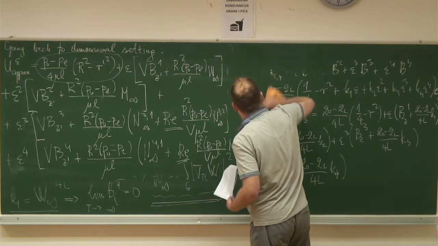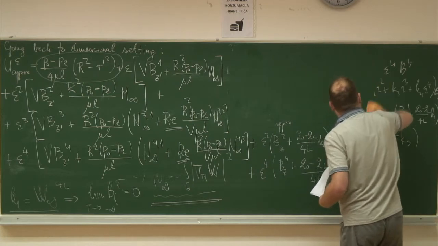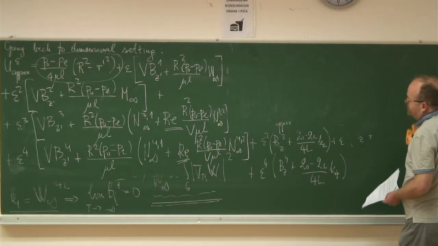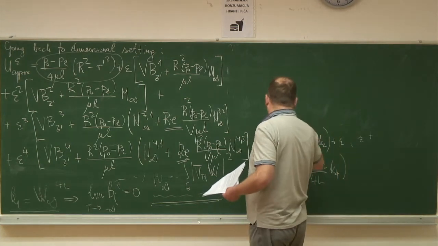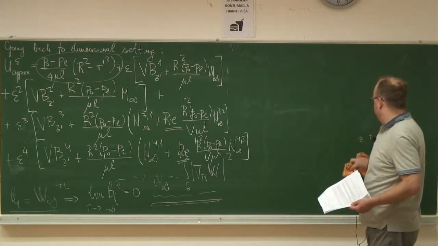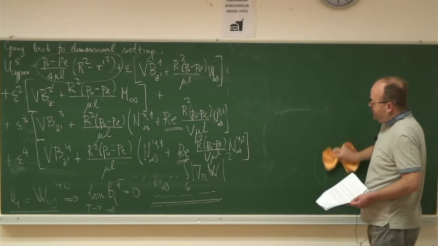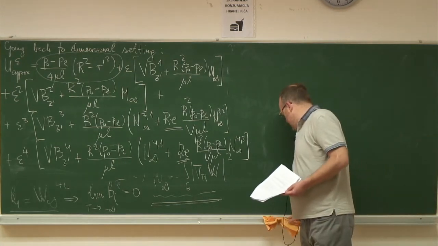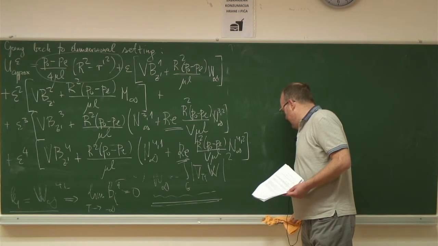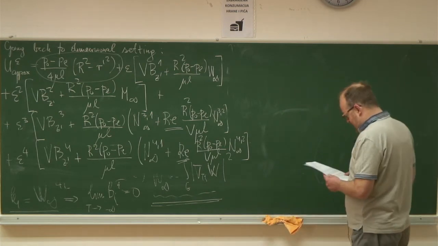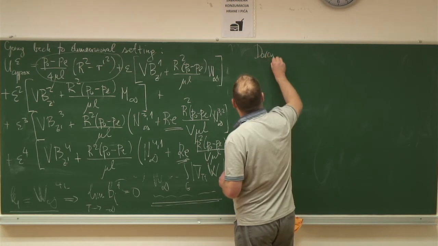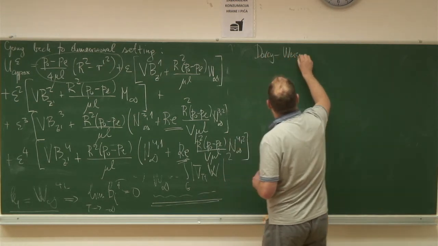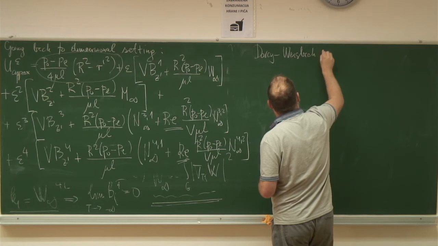Okay, so now, and that is essentially the result that enabled us to publish this result in one of the leading engineering journals. So, like a subtitle, Darcy, Weisbach, friction coefficient.